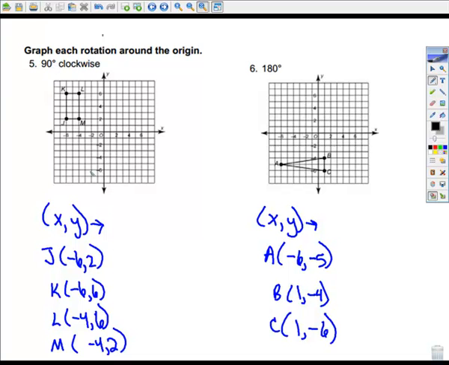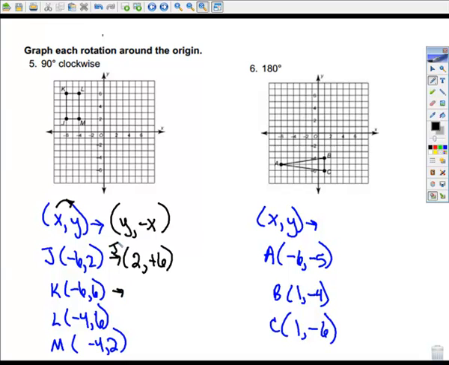Okay, we're going 90 degrees clockwise. So clockwise, this direction, we multiply the x by negative. So this is negative x, and then we flip-flop the position. So it's going to be y, negative x. Okay, so we flip-flop them to negative 6, but this one becomes the opposite.